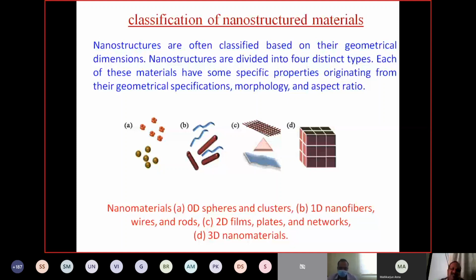It is not in nanometer size in one direction. We call that 1-dimensional.